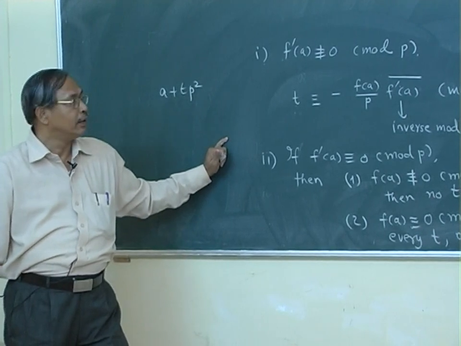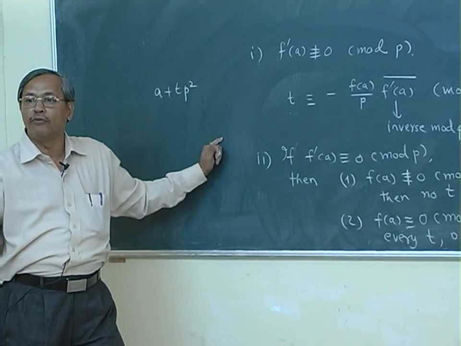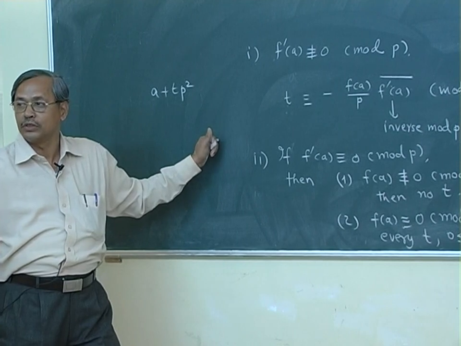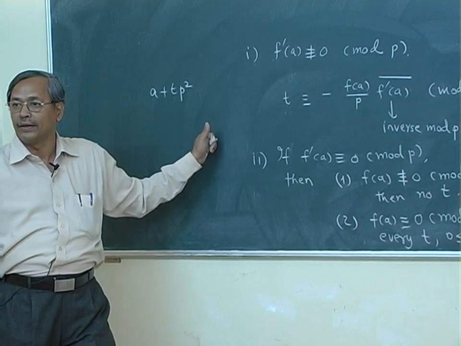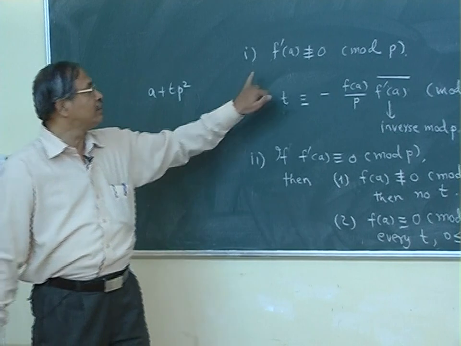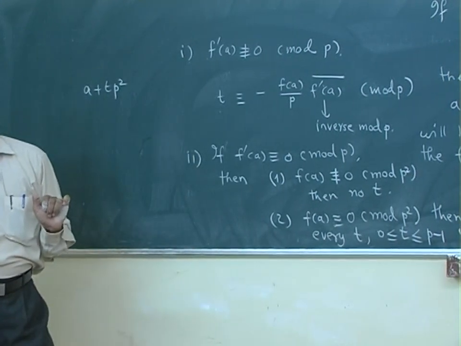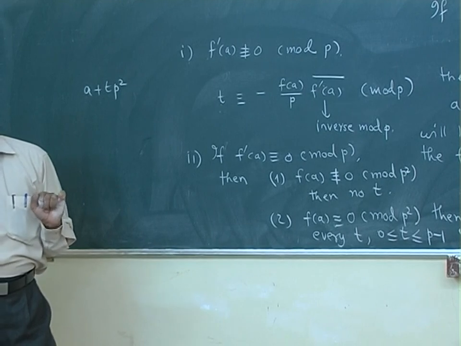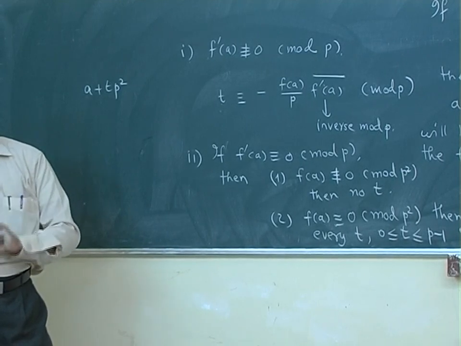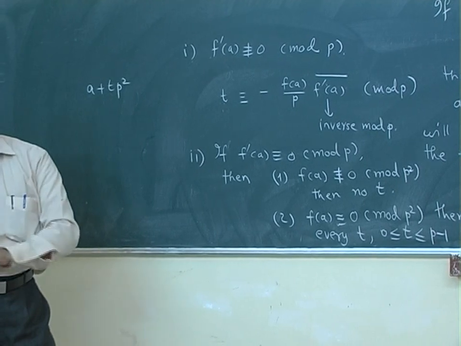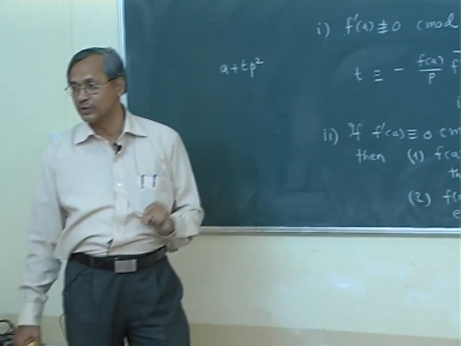Recall that in the Newton-Raphson method of getting better and better solutions that you study in numerical analysis, the condition is that the derivative is non-zero. x_{n+1} equals x_n minus f(x_n) upon f dash x_n, where f dash x_n is assumed to be non-zero. Same condition is here.